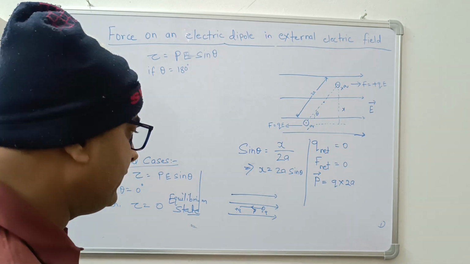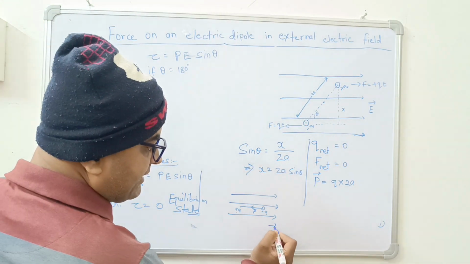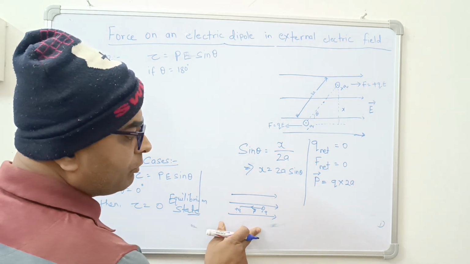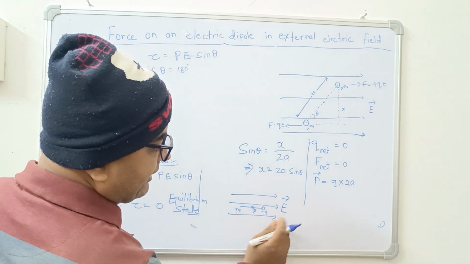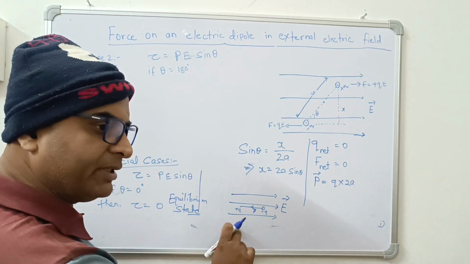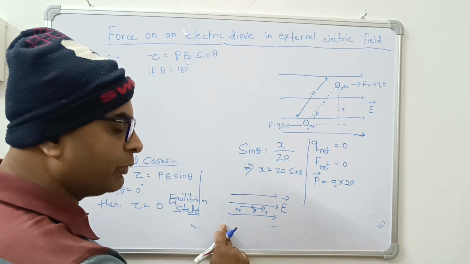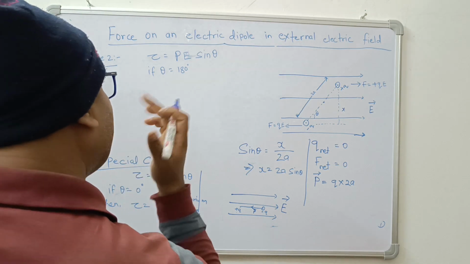The electric field line is in this direction, whereas the electric dipole moment direction is the opposite direction, so they are making 180 degrees with each other. So if theta is 180 degrees, what will happen?